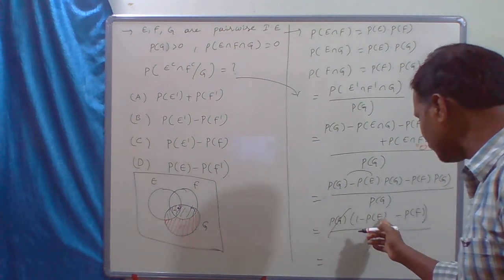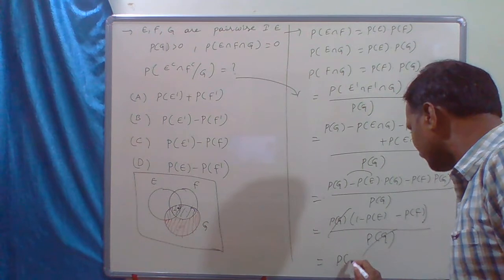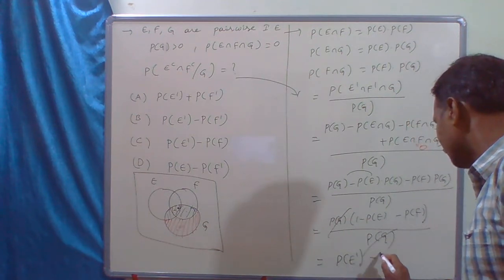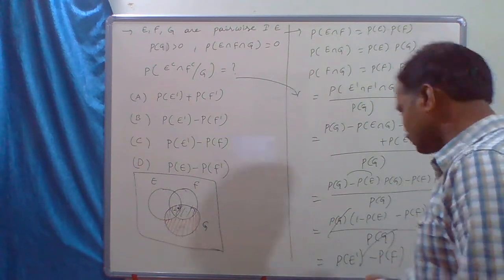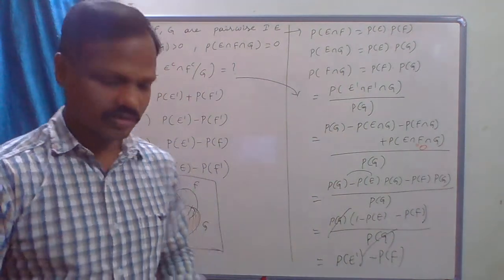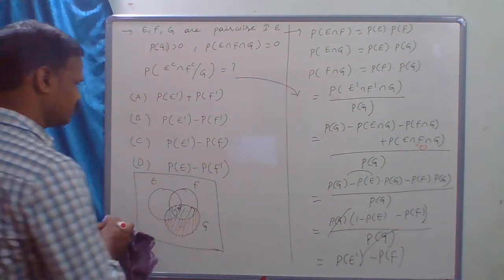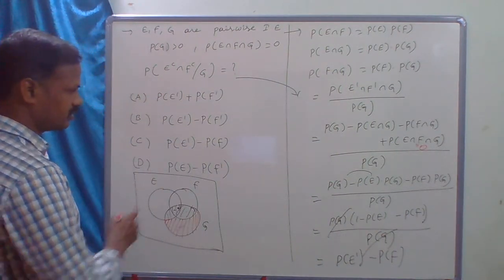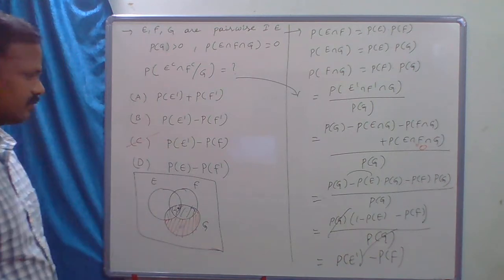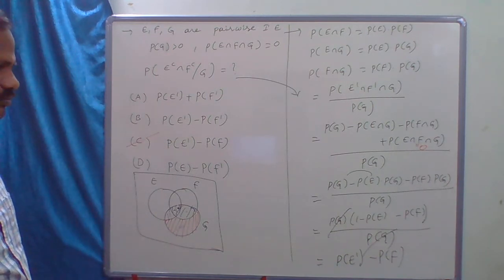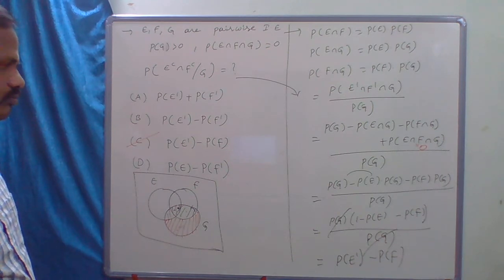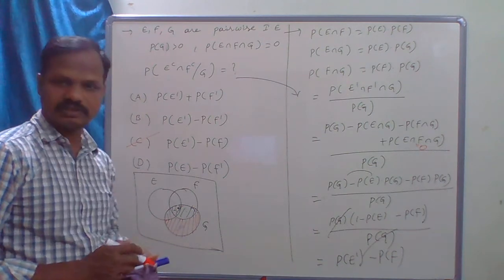So 1 minus probability of E, which is probability of E dash, minus probability of F. So probability of E dash minus probability of F. Clear? Okay. So option C is the correct one.